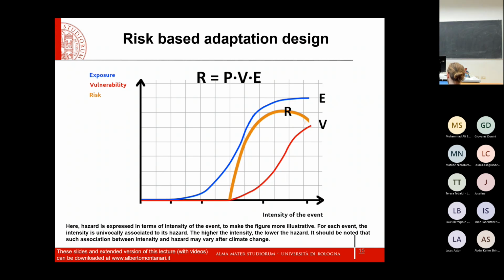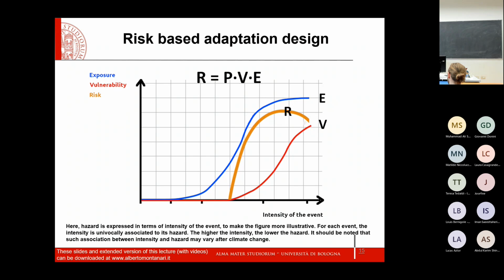Keep in mind that you may also want to focus on the extreme value of the risk, because even if a very high intensity event is not probable, is not likely, and therefore cannot be considered very risky, you may be interested in specific situations in getting protected against an event that may occur maybe once in 1,000 years, but you want to absolutely get protected against it.